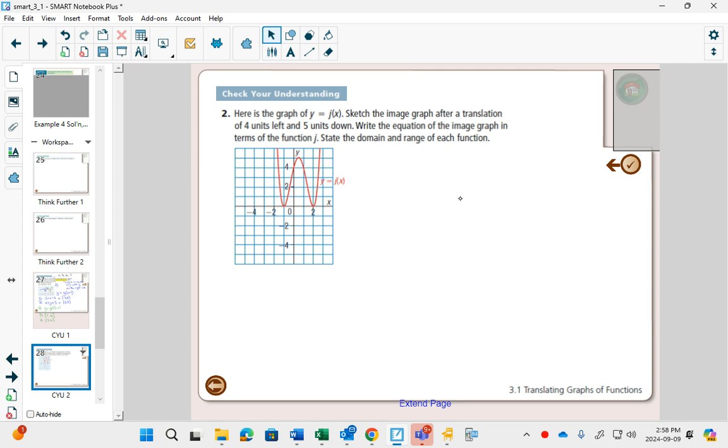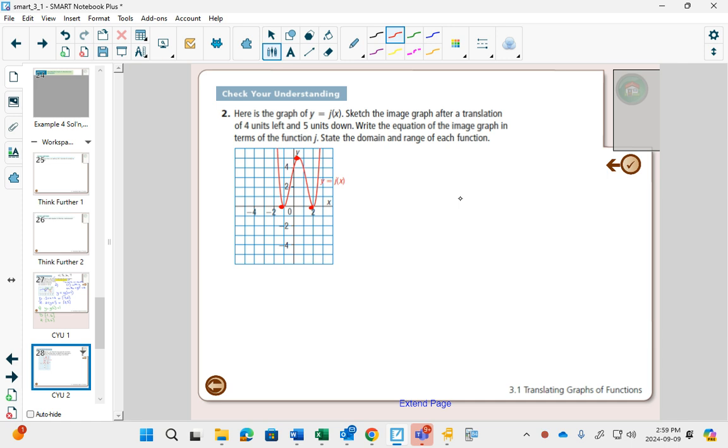Here's j of x. Looks like a W. We'll call this the W graph. And you have to move it 4 units to the left and 5 units down. Well, if I was doing that, I would probably choose this point, and this point. They seem like important places where things change.